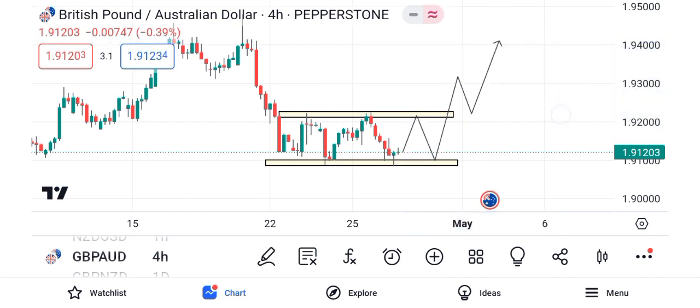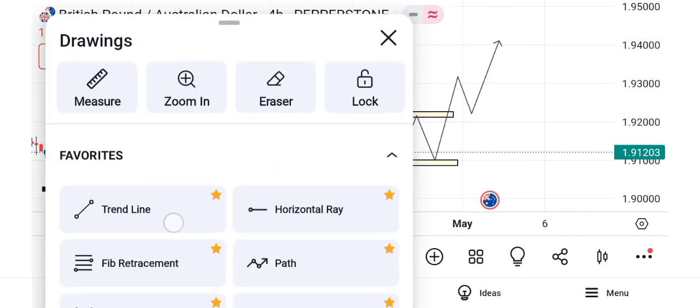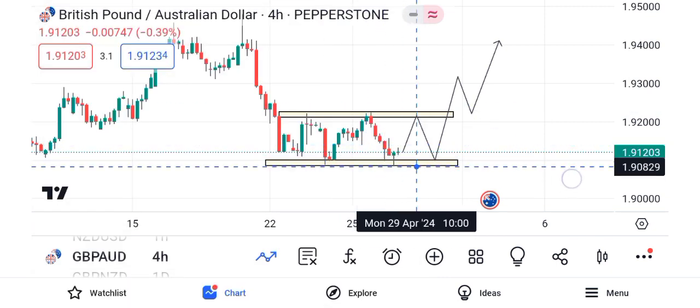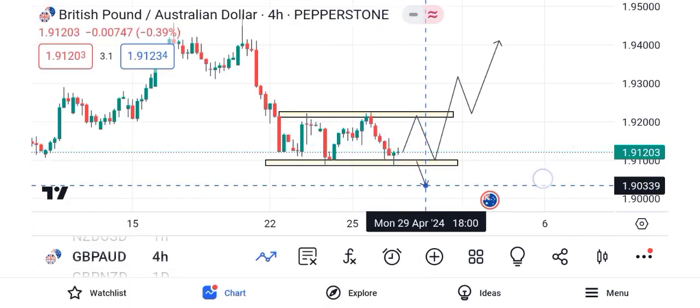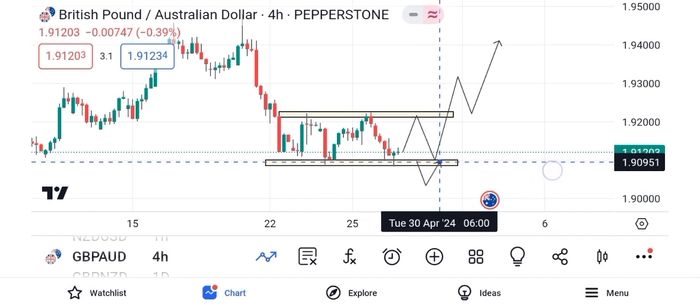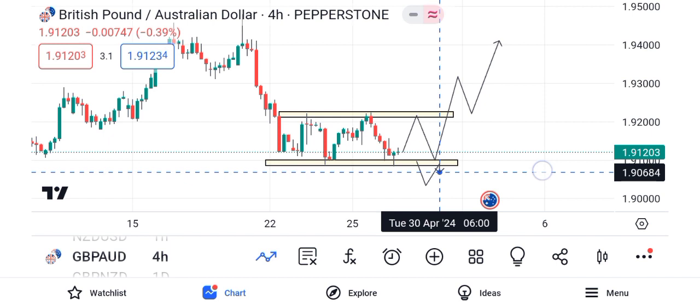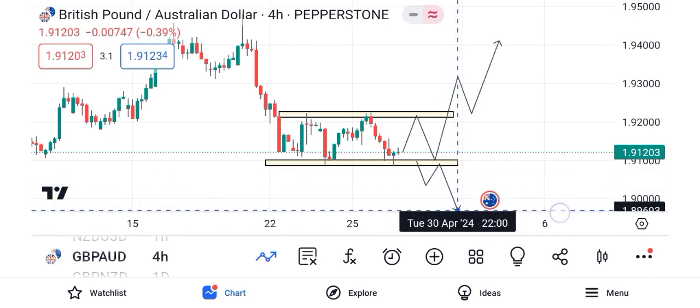Or in case the market breaks the key zone downward, you can wait for a retest to this key zone here, then look for selling confirming candles and sell GBP AUD. So this is a very simple analysis on GBP AUD.